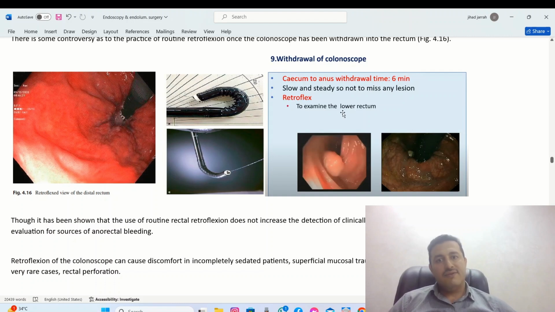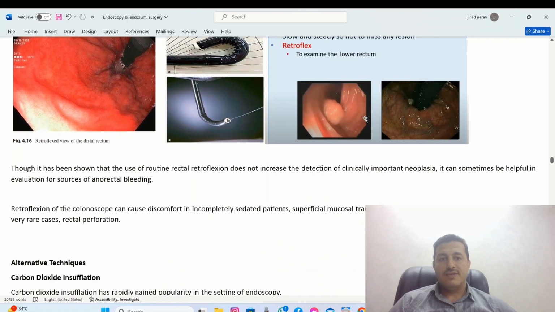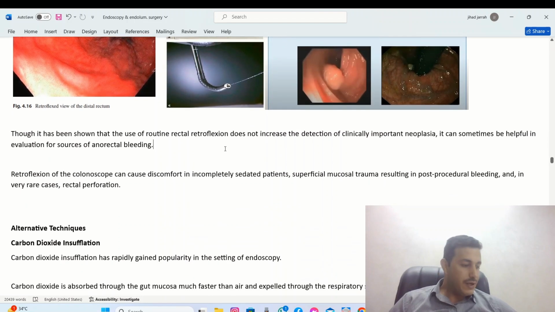It has its disadvantages. It may cause mucosal injury and discomfort to the patient. The classic time to withdraw the colonoscope is 6 to 9 minutes. Please go slow and steady, in order to navigate any lesion while you are withdrawing, and use the retroflex for the lower rectum. Okay, what else in the withdrawal?